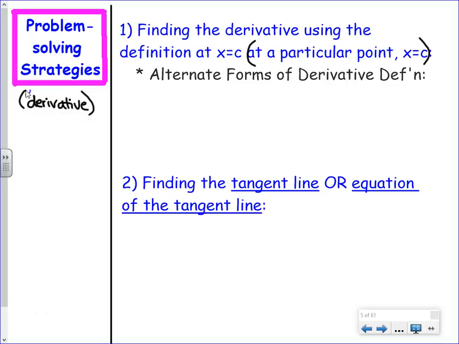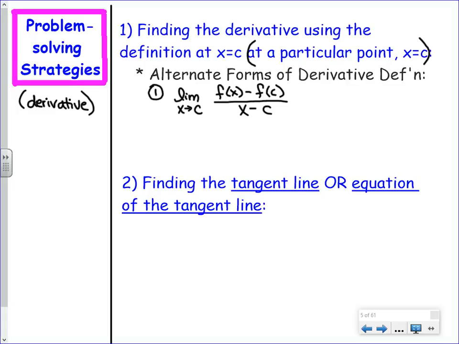There are two alternate forms of a definition of the derivative. One of them is the limit as x approaches c of f of x minus f of c all over x minus c. What do you guys notice about if we were to plug in x as c right now? 0 over 0, keep going. That's a hint.